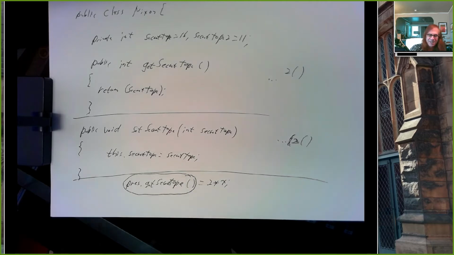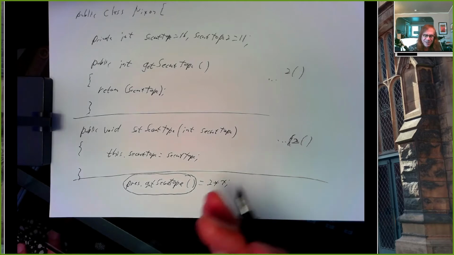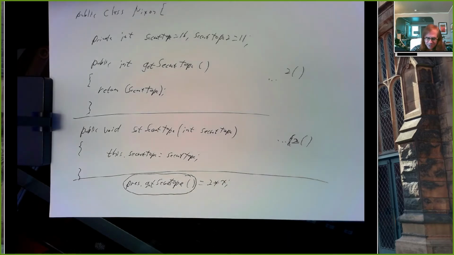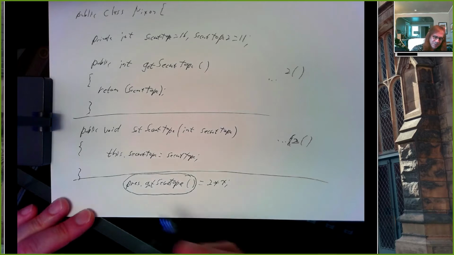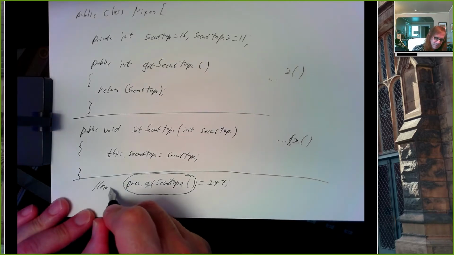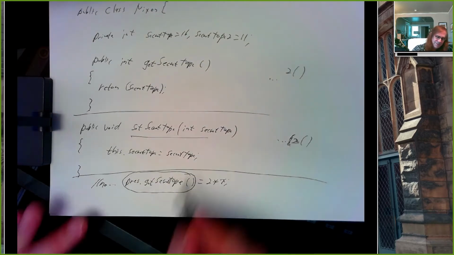Well, you can't do that. This is a method. This is not synonymous with secret tape. It's a method that returns the value of secret tape, but you can't use that on the left-hand side of an assignment statement. Just like you couldn't do that in C. You can't say square root of x equals 7. So that's why we make a separate mutator for setting.